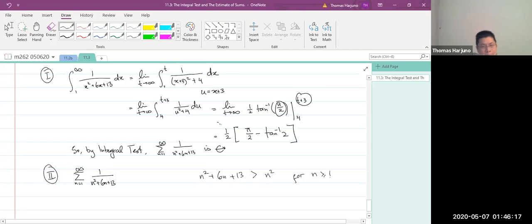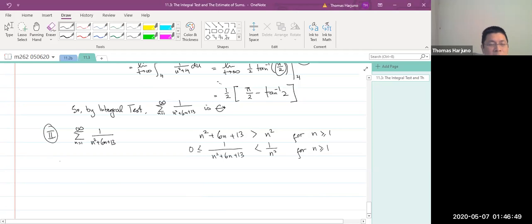Agree? And so it implies the reciprocal will be less than. At the same time, it is still positive.